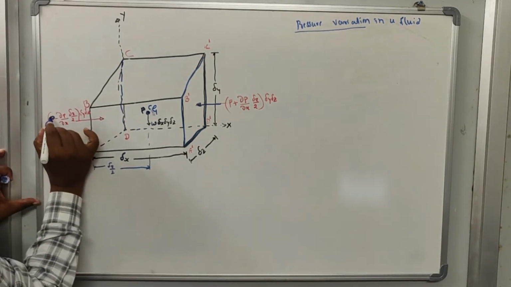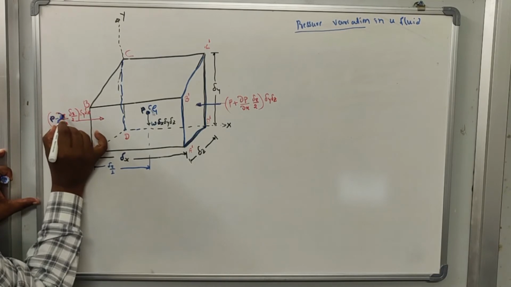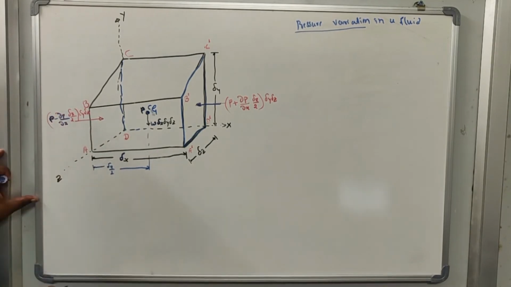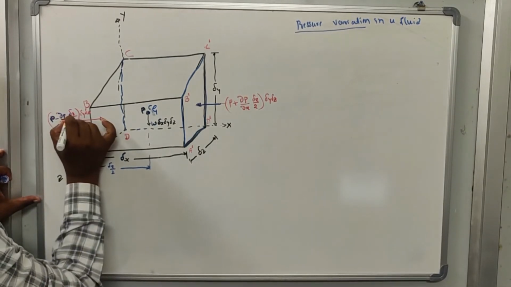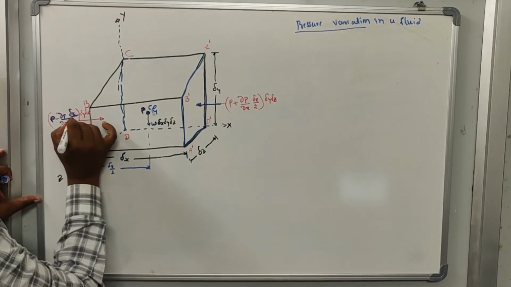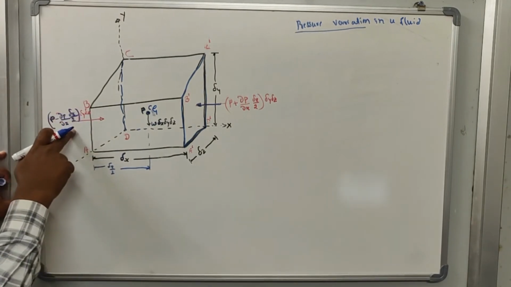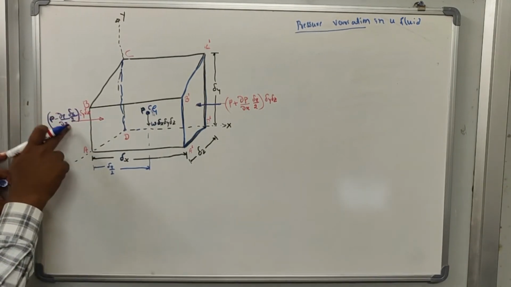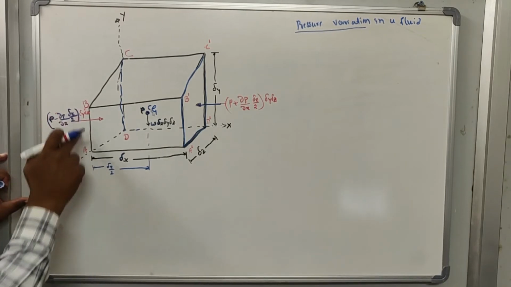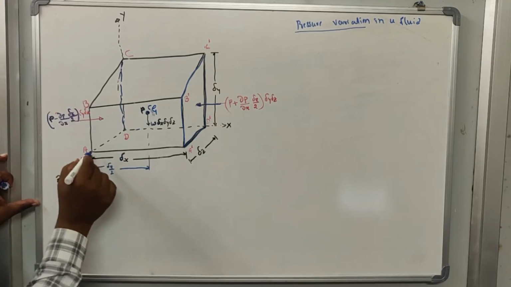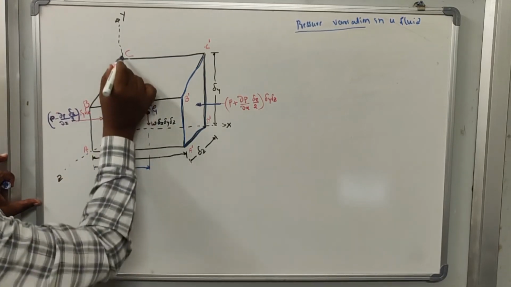So this is P minus dabba P by dabba x delta x by 2. This is the variation of pressure intensity acting on the plane ABCD, and the force is what?